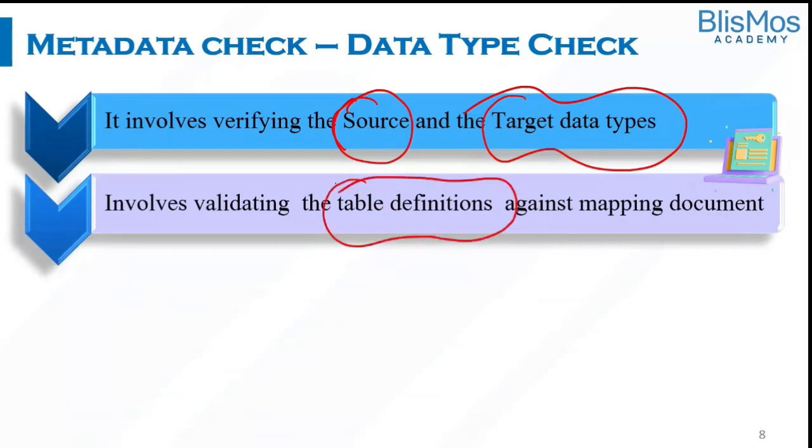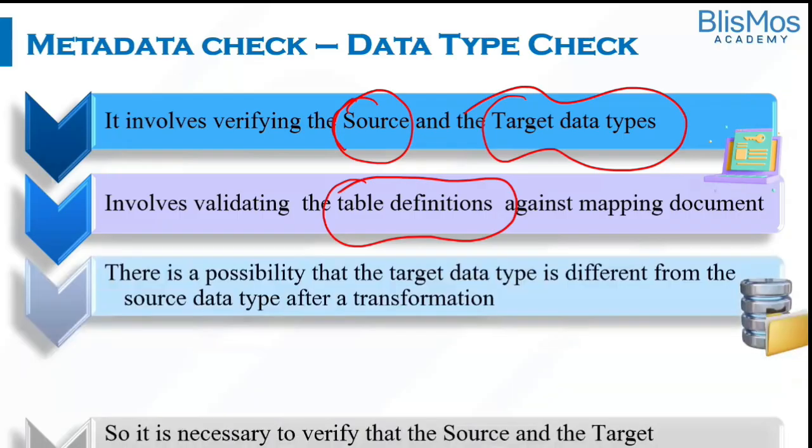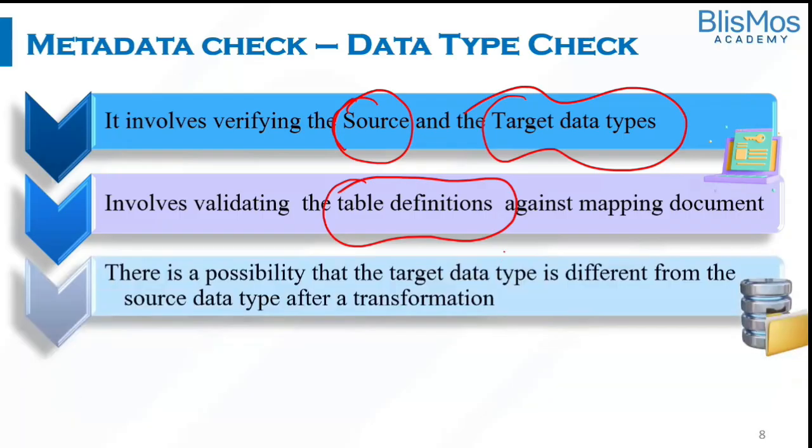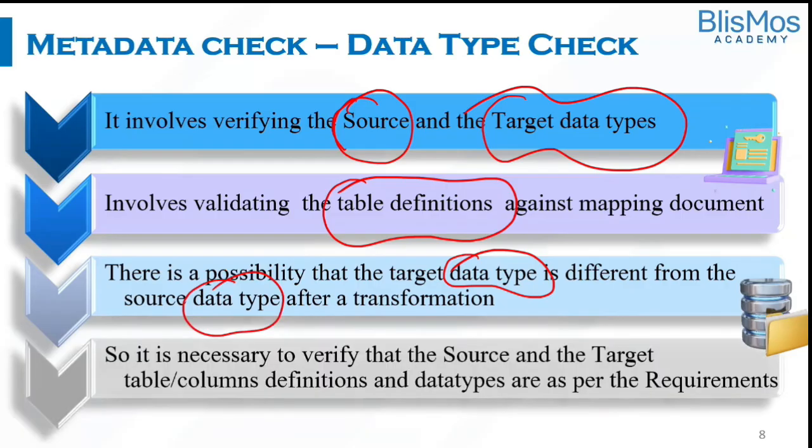When I say table definitions, it involves multiple things, like what are the fields or columns, what is the source, what is the target, all those aspects which are mentioned in the mapping document. There is a possibility that the target data type is different from the one mentioned in the mapping document. There is a possibility that the source data type is different from the one mentioned in the mapping document. So at the end of the day, we are validating the metadata against the mapping document.